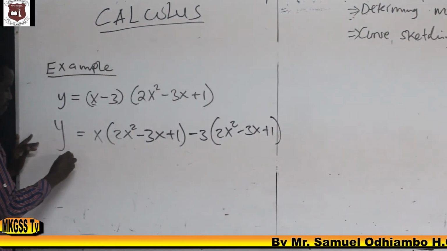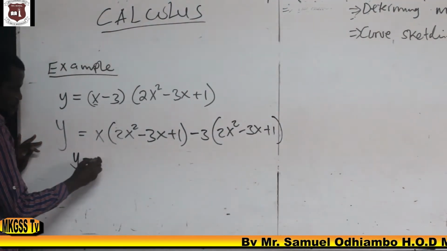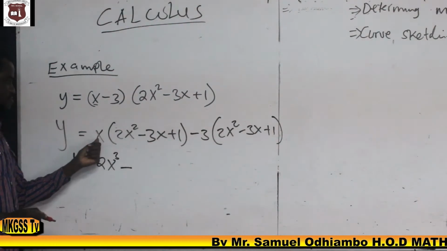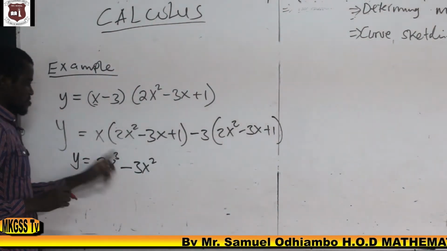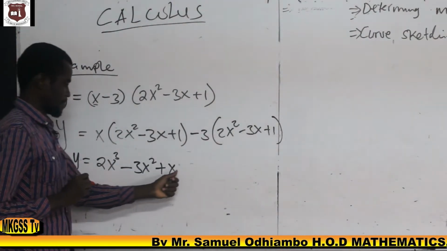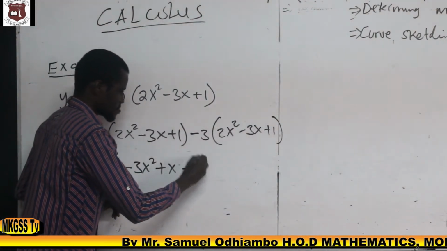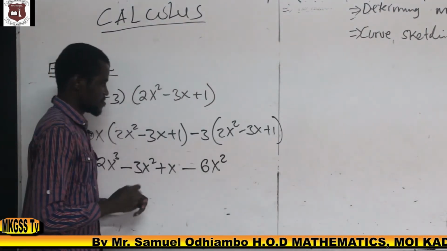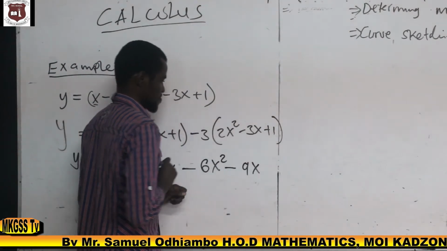So therefore you will have 2x power 3, 3x squared plus x, minus 6x squared, minus 9x.